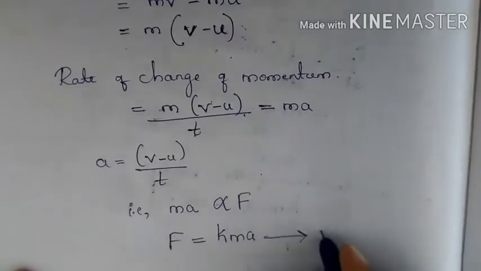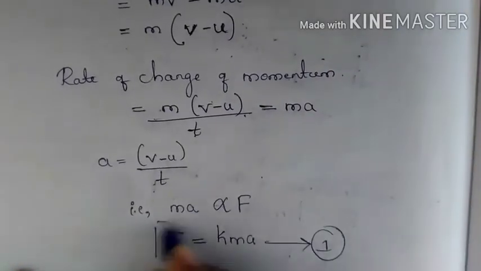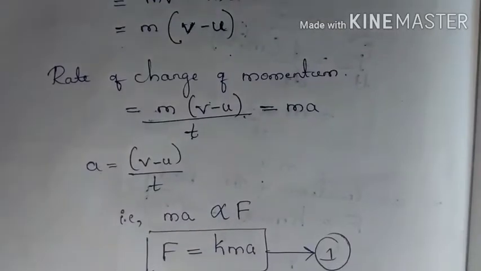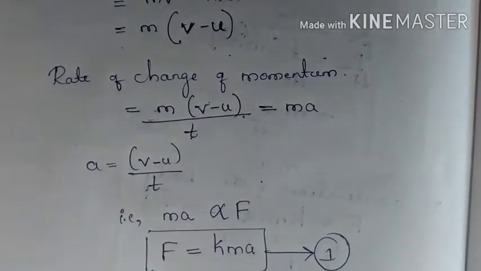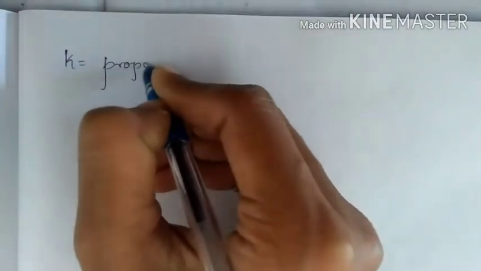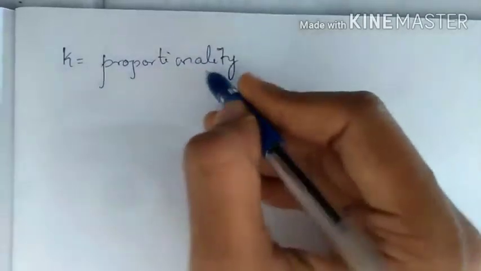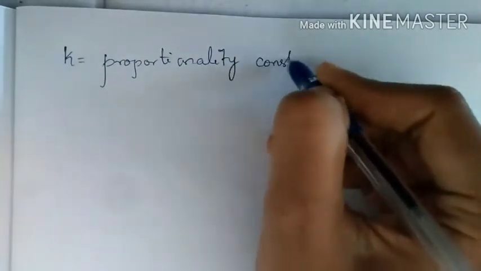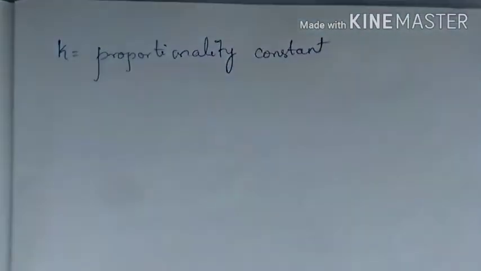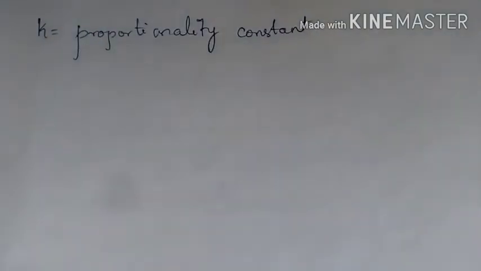Let us call this equation number 1. What is k here? k is a proportionality constant.